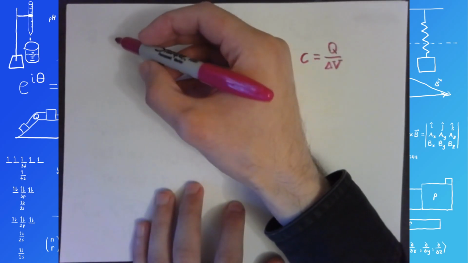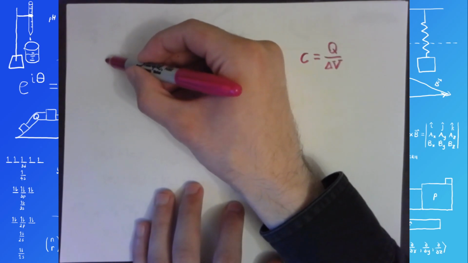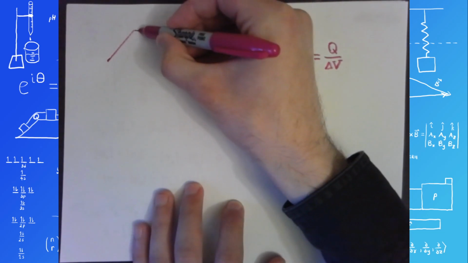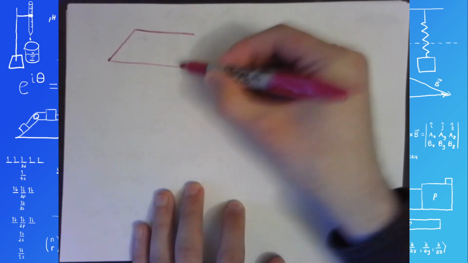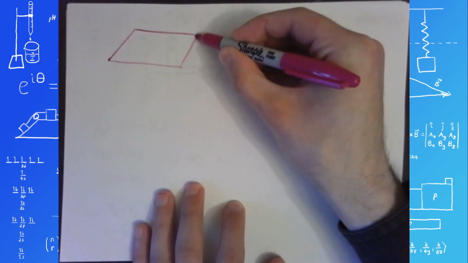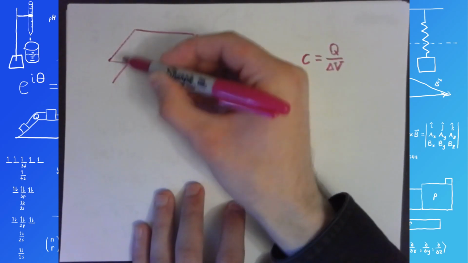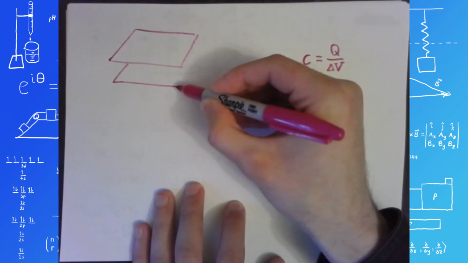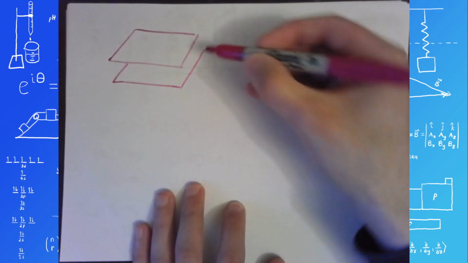So let's go ahead and start with the most classic type of capacitor, the parallel plate capacitor. So I'm going to have two metal plates, something like this.